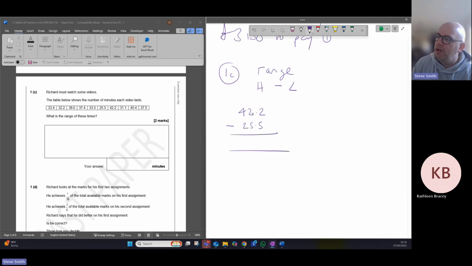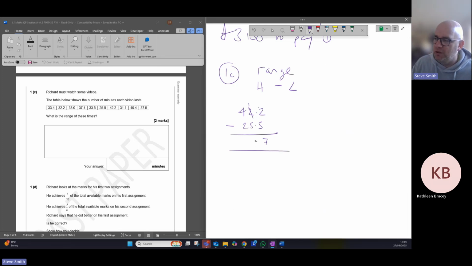And we don't need to get rid of the decimal place in this one. We can keep it as it is. And we can do the same rule as in a normal subtraction. 2 take away 5 we can't do. We have to borrow 1. So that goes to a 1, and we take the spare 1 and put it there. So 12 take away 5 is 7. The decimal place remains in the same spot.